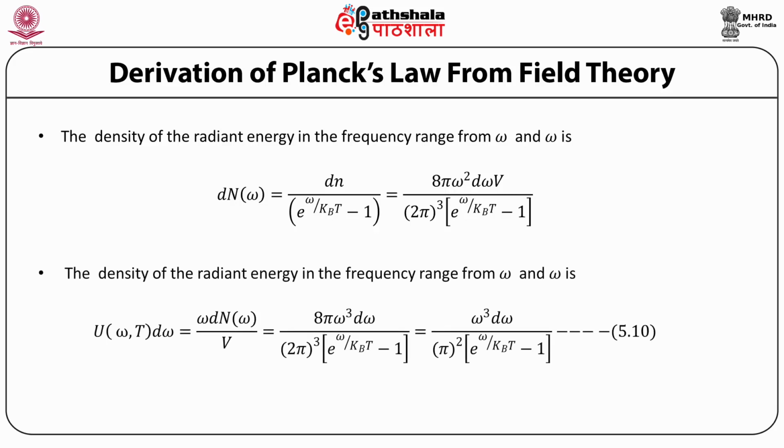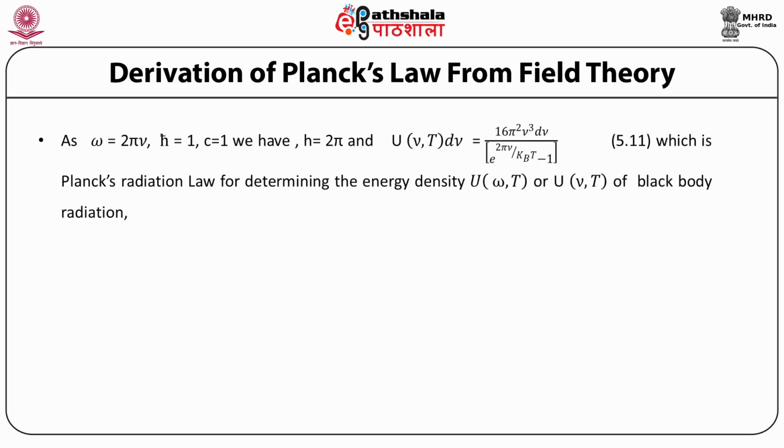The density of radiant energy in the frequency range between omega and omega plus d omega, therefore, is u of omega, T d omega, which is equal to omega into dn of omega divided by V, which is 8 pi omega cubed d omega into 2 pi cubed exponential omega by kBT minus 1, which is equal to omega cubed d omega divided by pi squared into exponential omega by kBT minus 1.